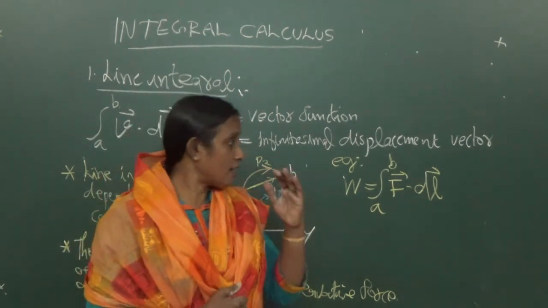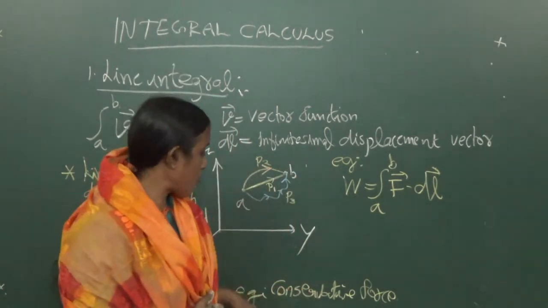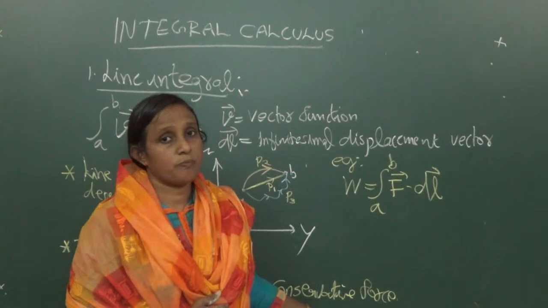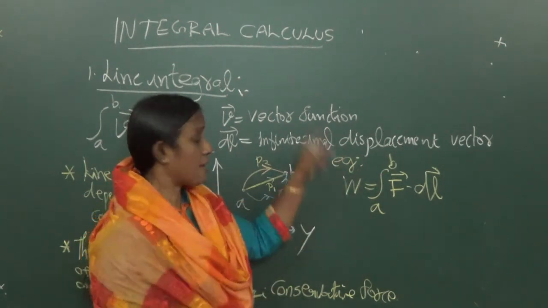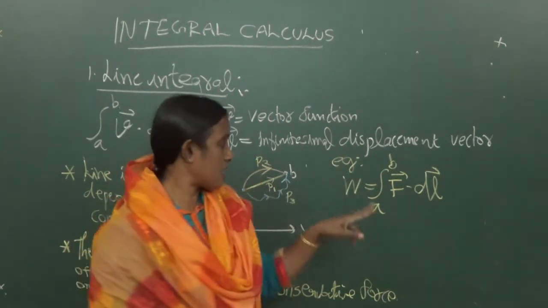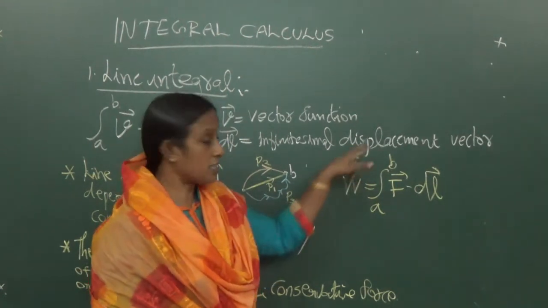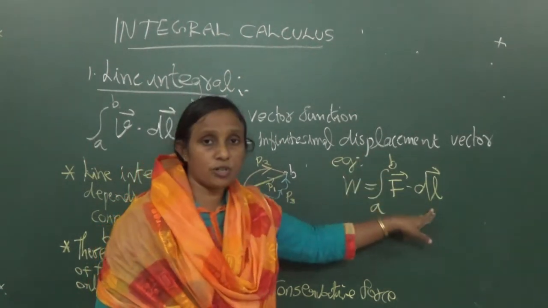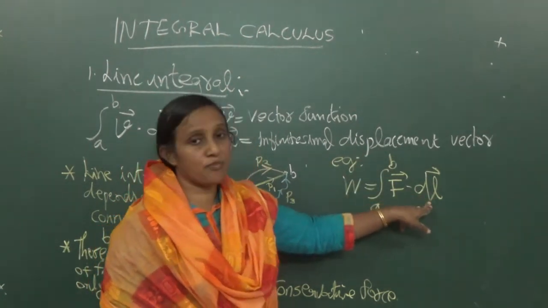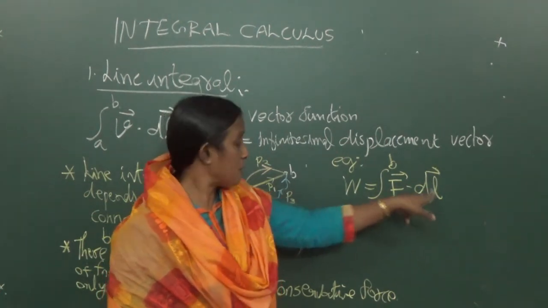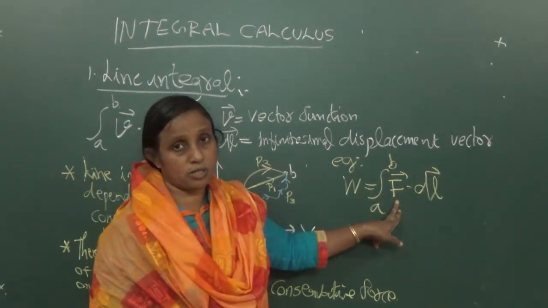In that case, you can define a conservative force. One of the famous line integrals is the work done, which is defined as the integral from A to B of F dot dl. Here dl is the infinitesimal displacement vector and F represents the force.